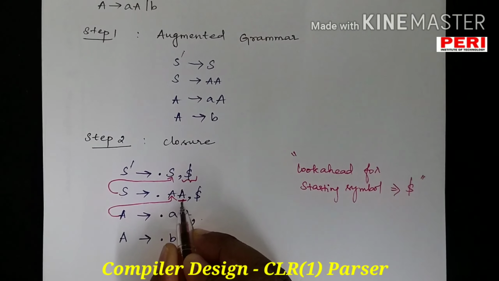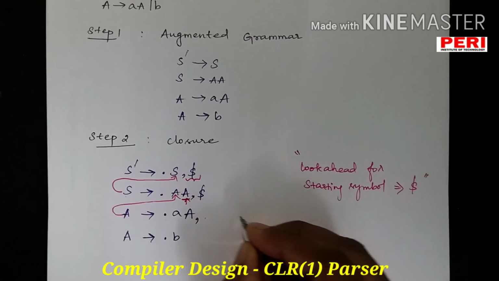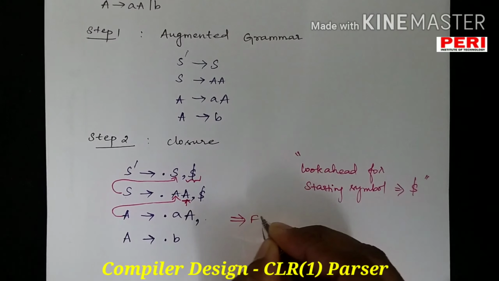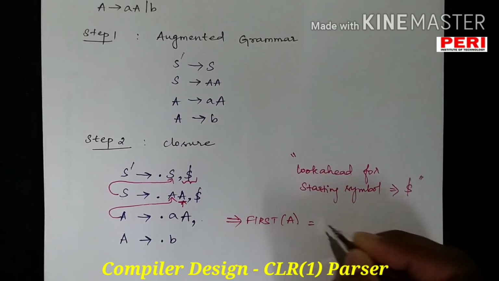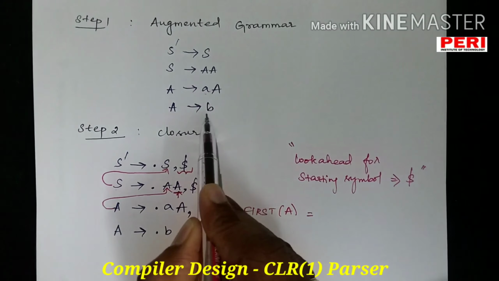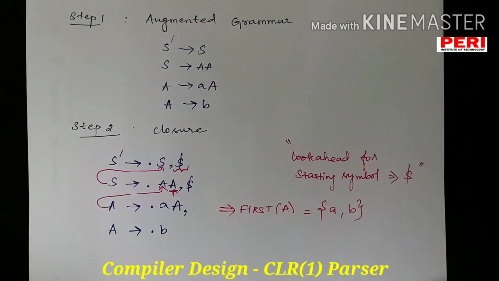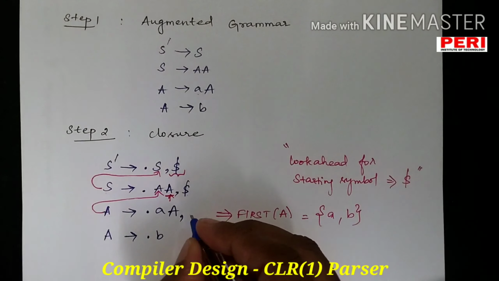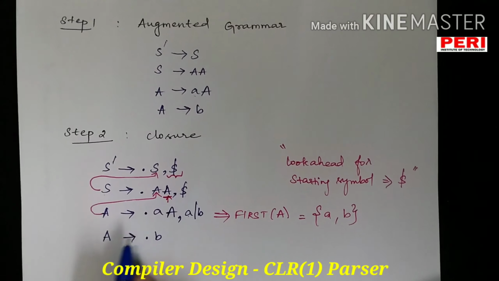Since A is a non-terminal following a capital A, I have to find the first of A, as we know. What is first of A? From the production, the first of A is small a and small b. So I'm just going to add a or b as my look ahead for capital A.